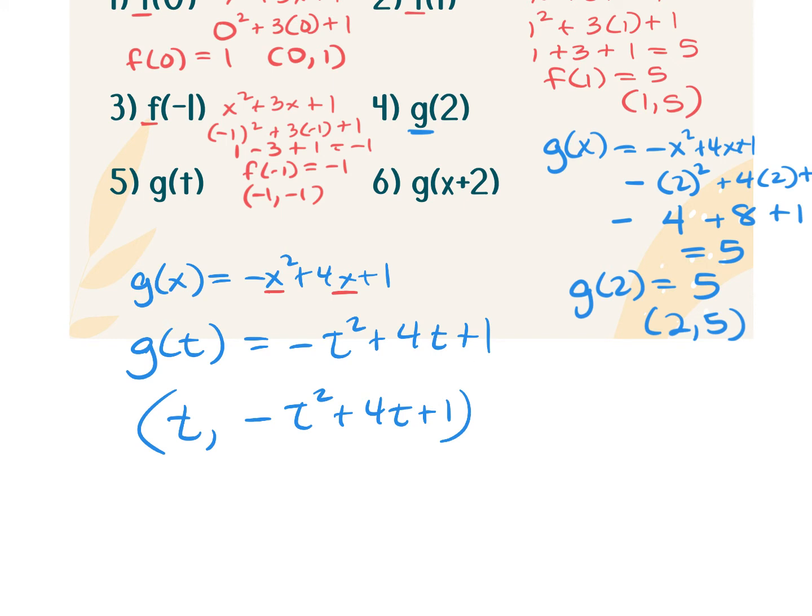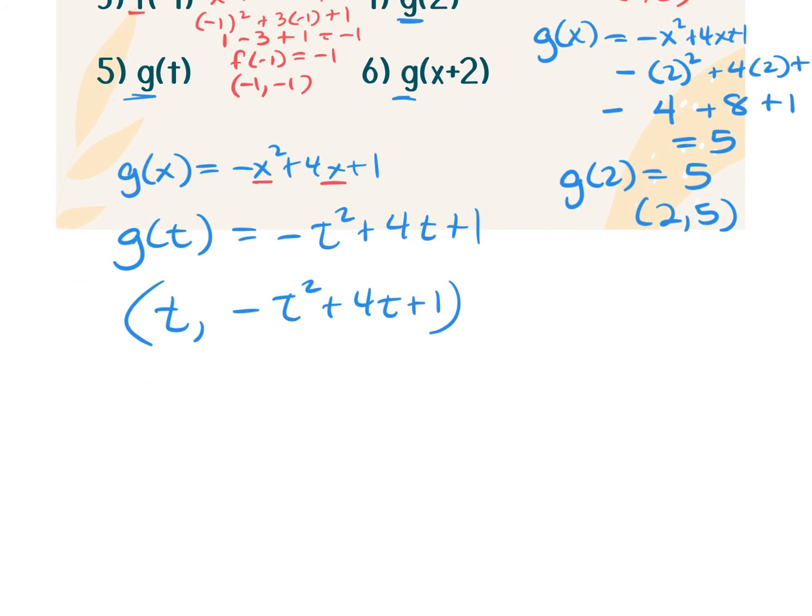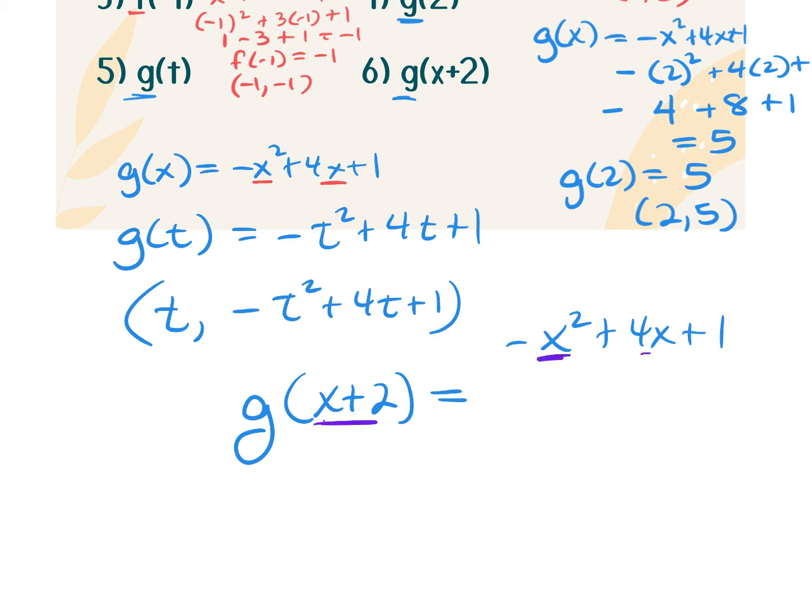And then number 6, again, same function, but again, a variable. So I'm doing g of x plus 2. So again, here is my original. Every place that I see x, I'm now putting x plus 2.